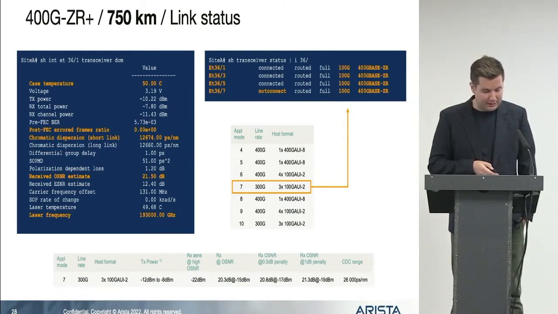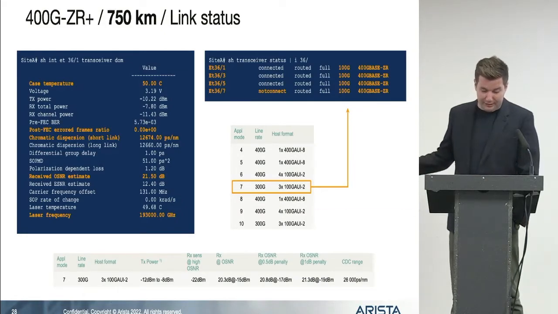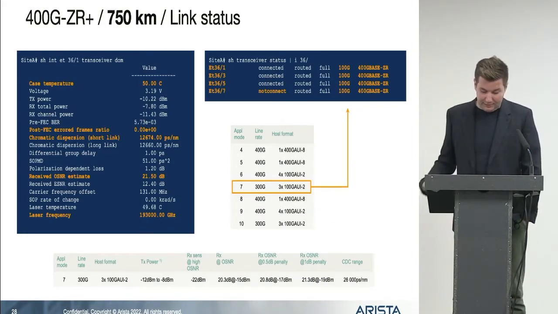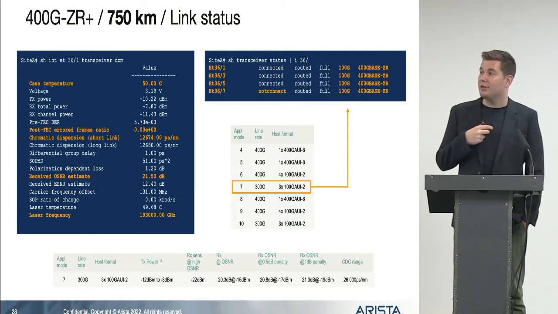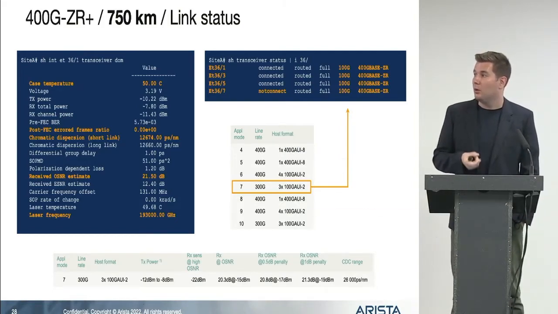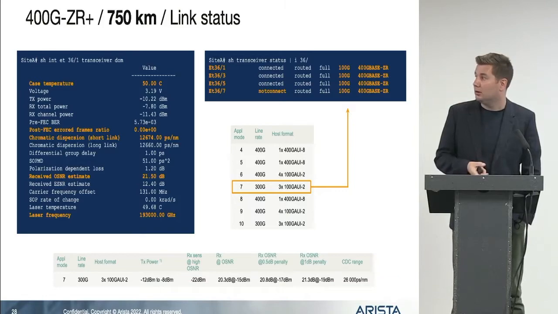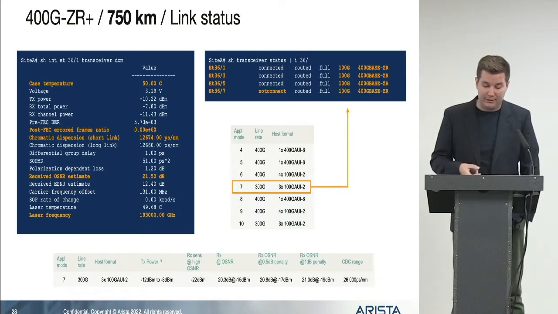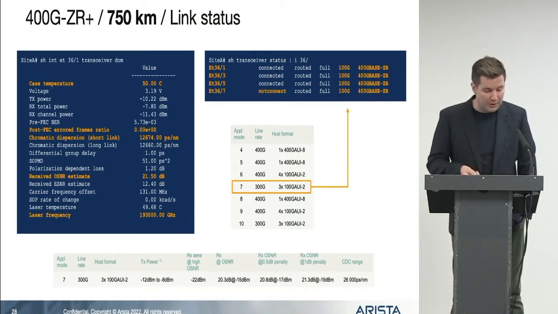Again, case temperature looks good, post-FEC error frames ratio of 0, OSNR of 21.5 dB, which, as you can see for channel group 7 here, is within the range. But if I were to have chosen one of those higher channel groups, we may have either not had a link up at all, or we might have started seeing errors, hence the need to move down to group 7 there.